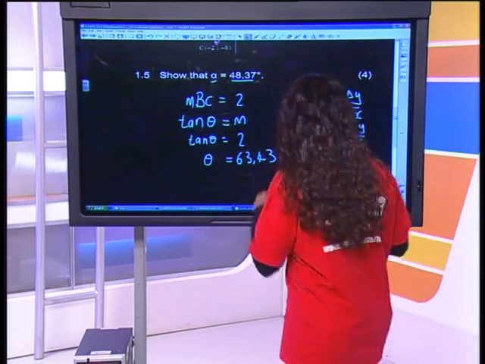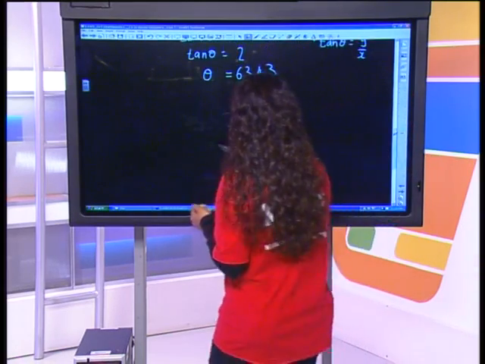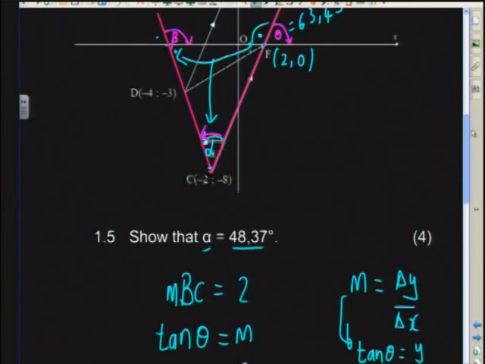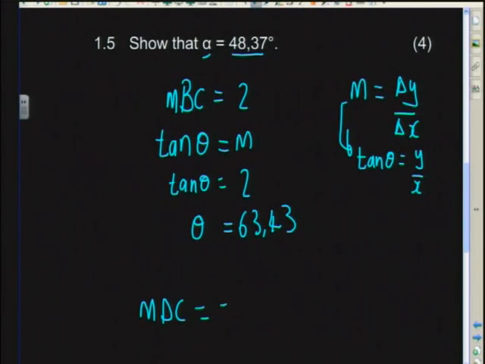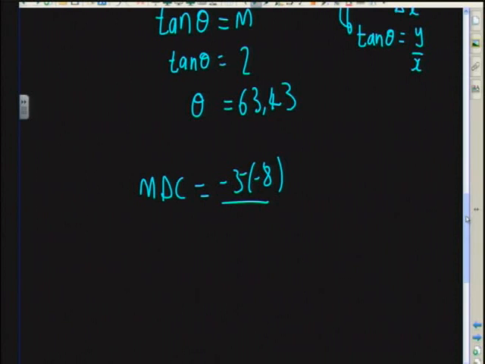Okay, so let's go through it quickly. I need the gradient of DC. We're going to use the gradient formula, so it's minus 3 minus 8 all over minus 4 minus 2.